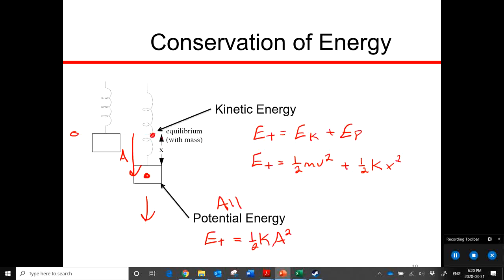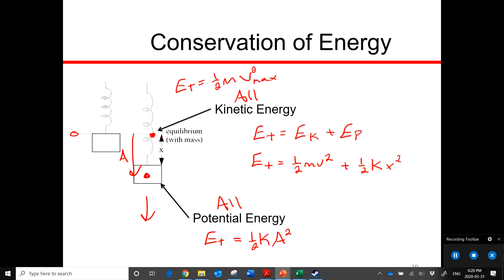At the center point, at the equilibrium, it's all kinetic energy. So at this point, our total energy is equal to 1/2 mv squared, and since it's all kinetic energy at this point, all the energy has been transferred to motion, this is going to be our maximum velocity.